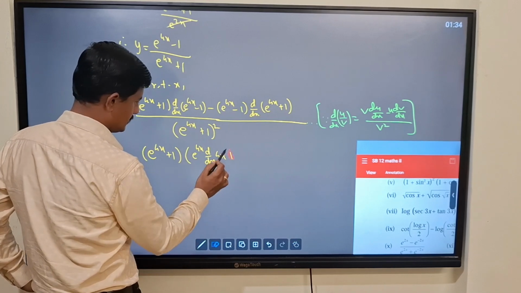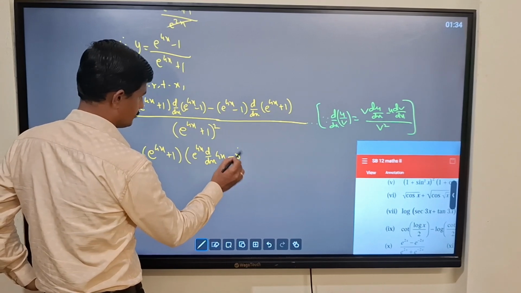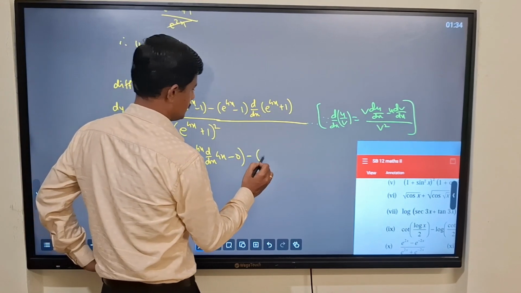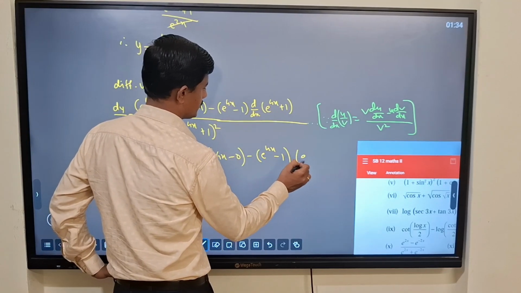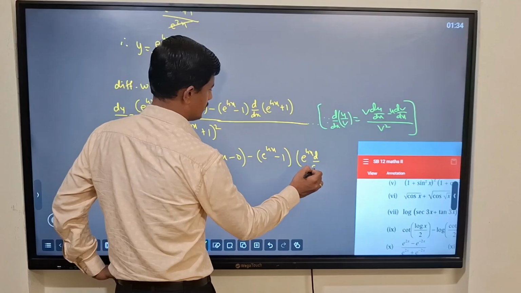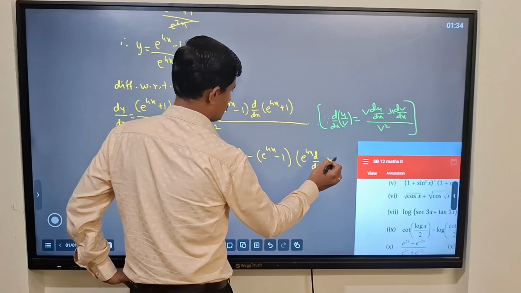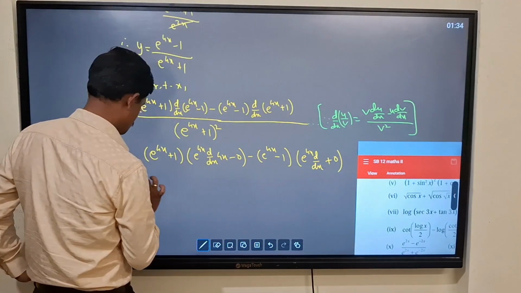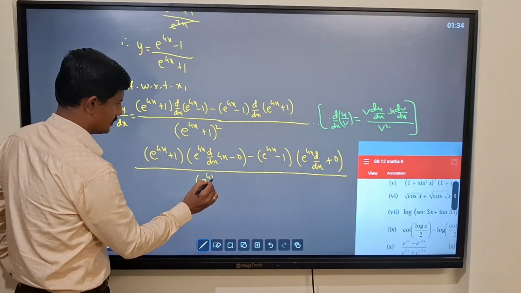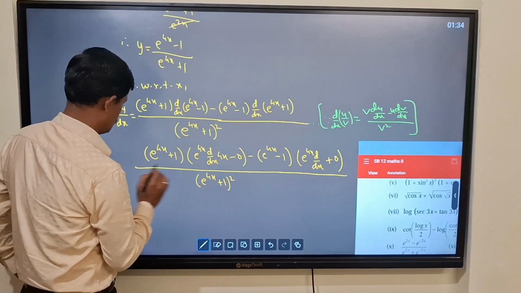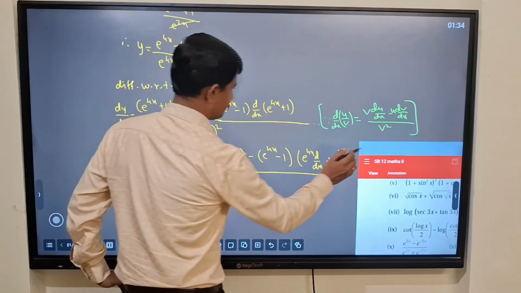Differentiation of 1 is 0, minus e raised to 4x minus 1 into e raised to 4x d/dx of 4x, differentiation of 1 is 0, upon e raised to 4x plus 1 whole square.